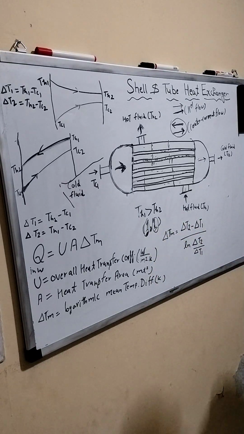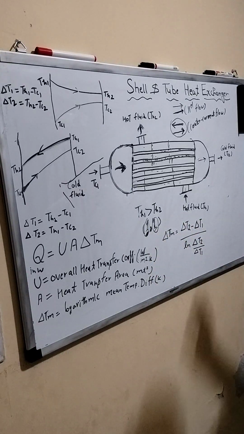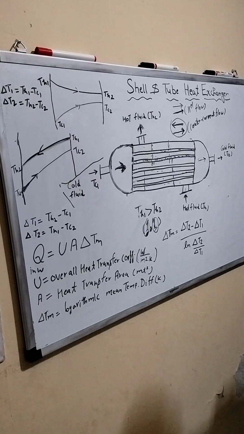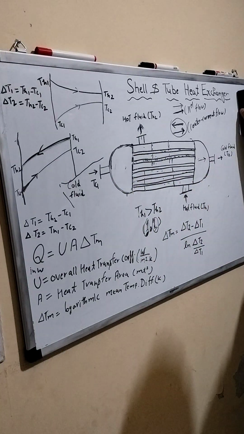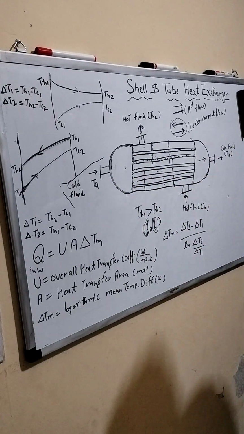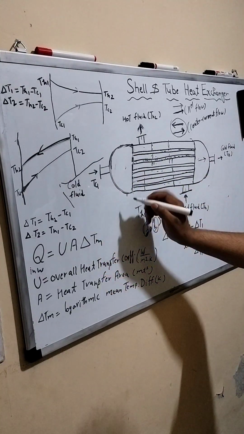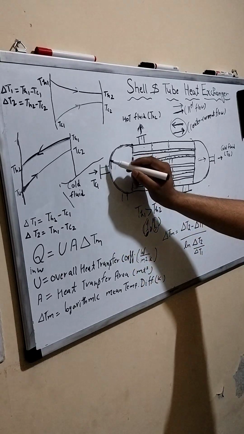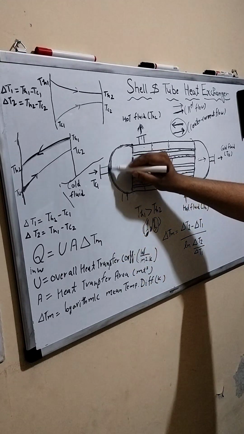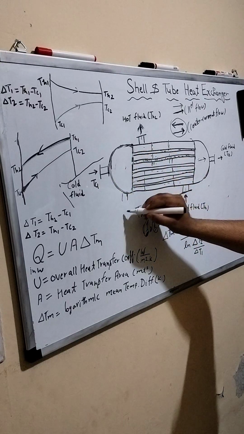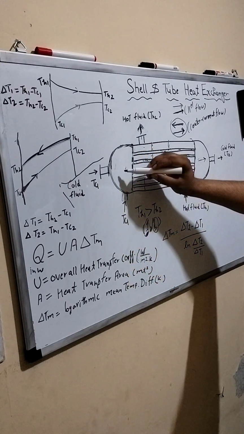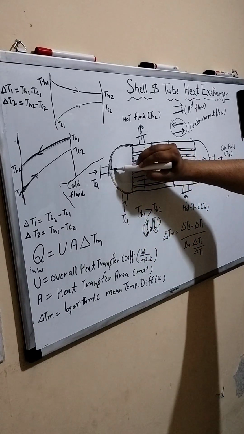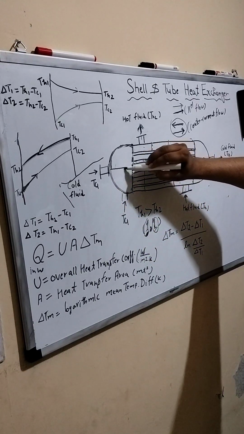Now let's change the diagram. Suppose we block this, remove this, and enter the fluid TC1 from this side, and block this side.